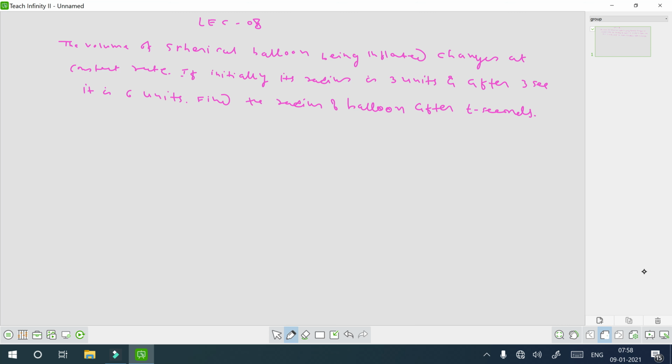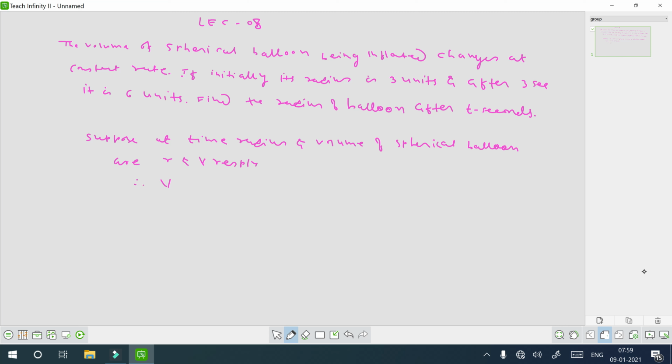Now suppose at time t or at instant t, the radius and volume of the spherical balloon are r and V respectively.